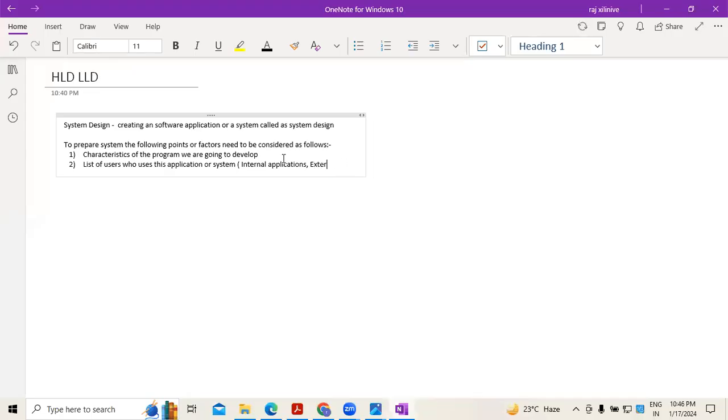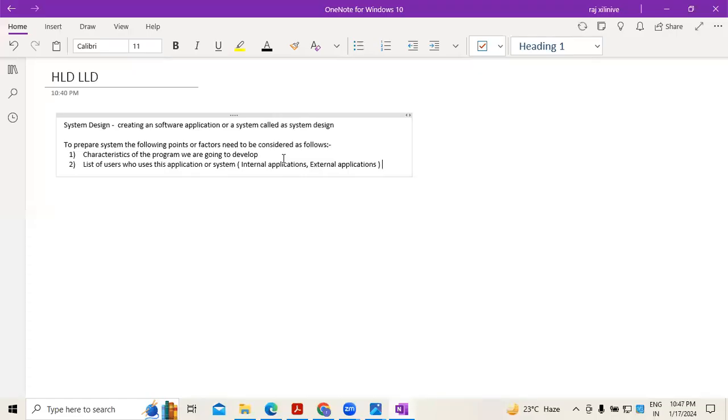Two different things. I'll give you the difference. Let's say we are developing a point of sale system for billing purposes within the organization, and at the same time a core banking application used to manage back-end operations of an organization. Those are generally internal applications.